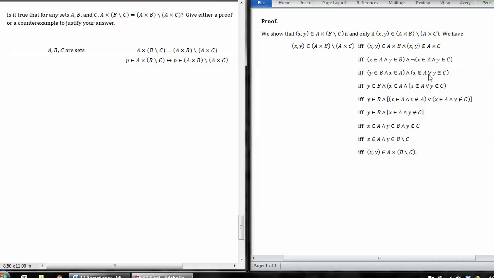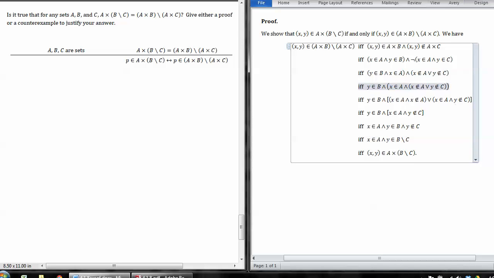So I get x not in A or y not in C. And my eventual goal, if you look at the definition of where we're headed, is to get down to a single A. And so my idea was maybe I should switch the order of these two statements, bring the x in A closer to the x not in A, and then just rewrite my parentheses.